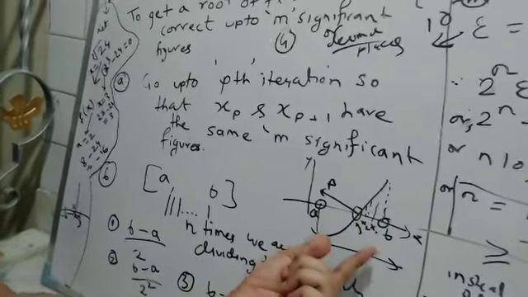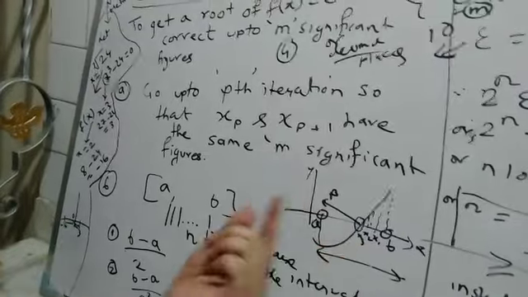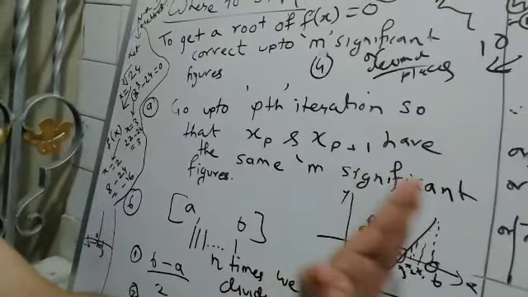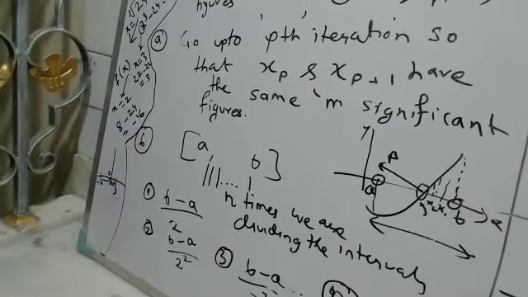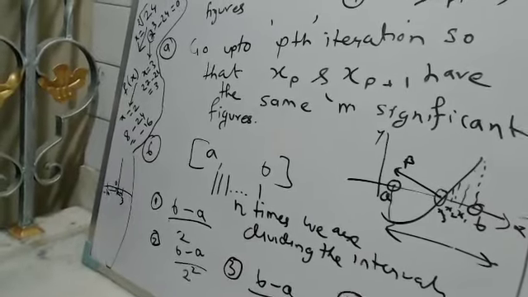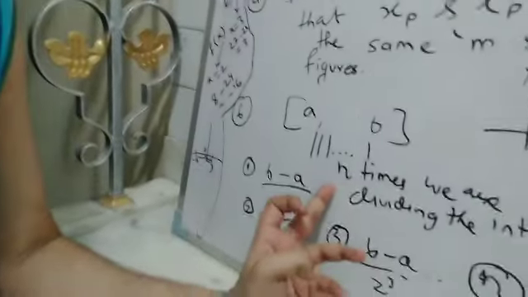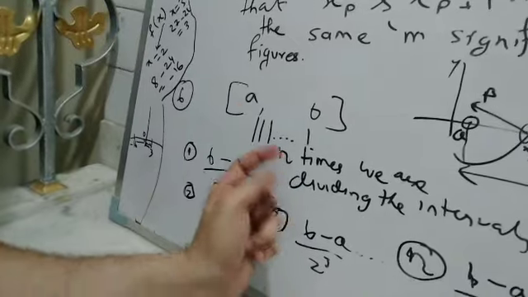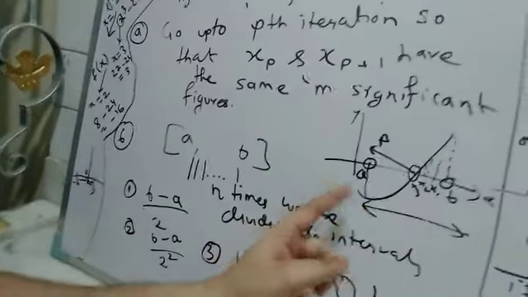By the method of midpoints, we are calculating the midpoints and just moving closer to your root point. So if I am standing at the nth iteration step, that means you have divided this interval into n steps, n times.